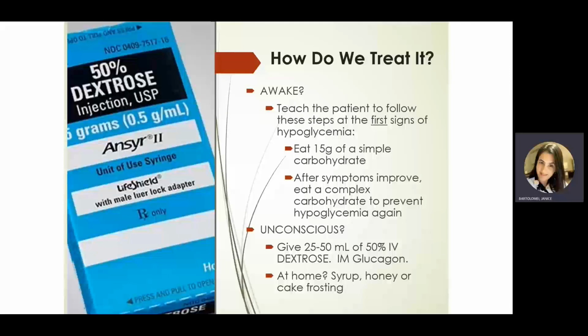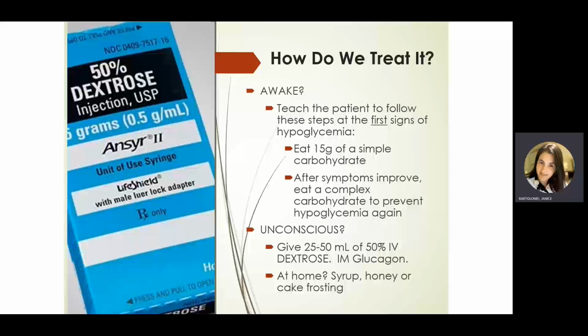So you might be able to recognize this right away and treat it, if it's really low, with IV dextrose. However, we also want to teach our clients what to do if you're on the field or at home, where you might not have IV dextrose to push, or IM glucagon. So let's talk about the difference between somebody being awake versus somebody being unconscious.